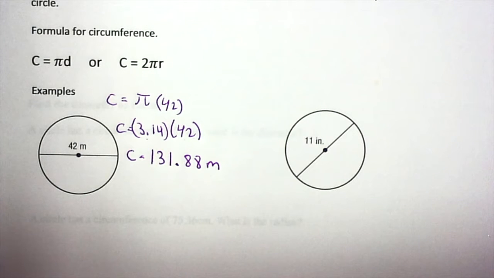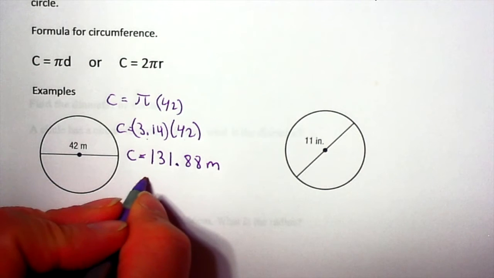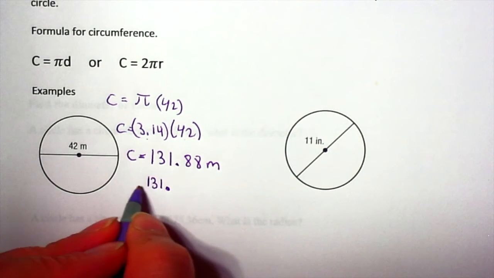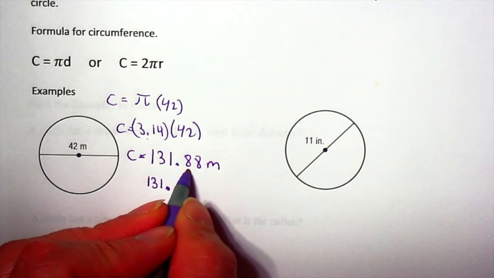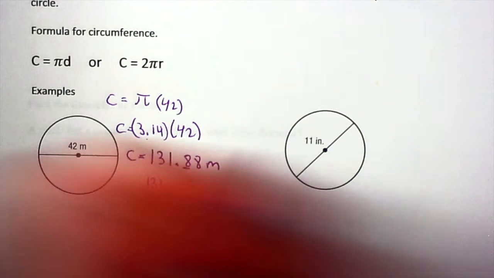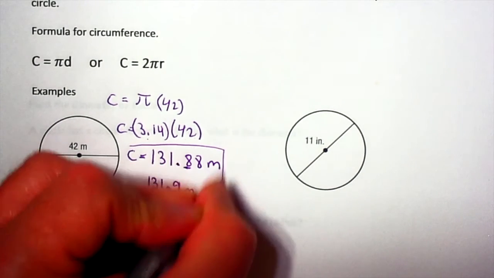Now if it asks you to write to the nearest tenth, I look at this 8 here. I see the number behind it's an 8, so I'm going to round up: 131.9 meters.